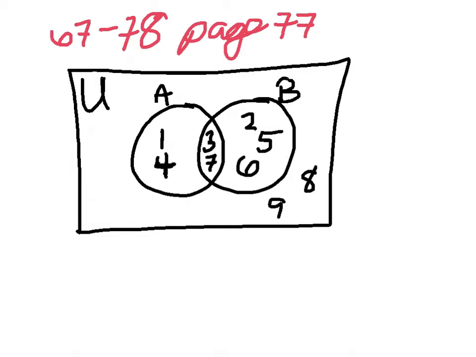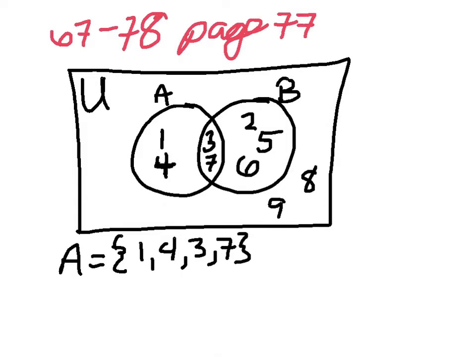So now our challenge is to just write what each set is. For instance, I would ask you what set A is. Set A, listed in the roster method, contains the elements 1, 4, 3, and 7. Alright, does everybody see that?